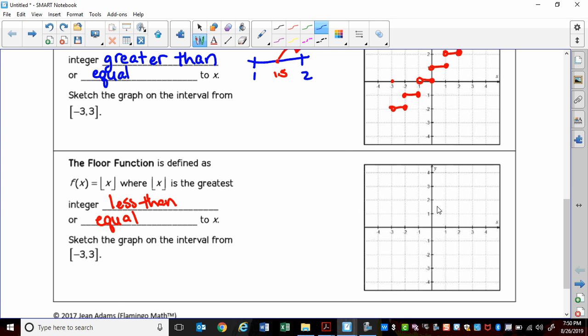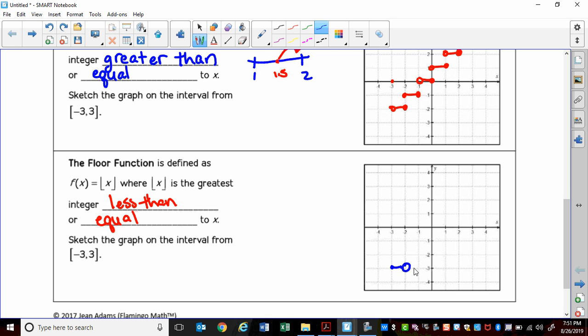So if we go down here to -3 and substitute in -3, we can actually include this one. We're going to leave it down, so even at like -3.2, it's still going to be at -3. We're going to round down always, all the way until we get to 2.